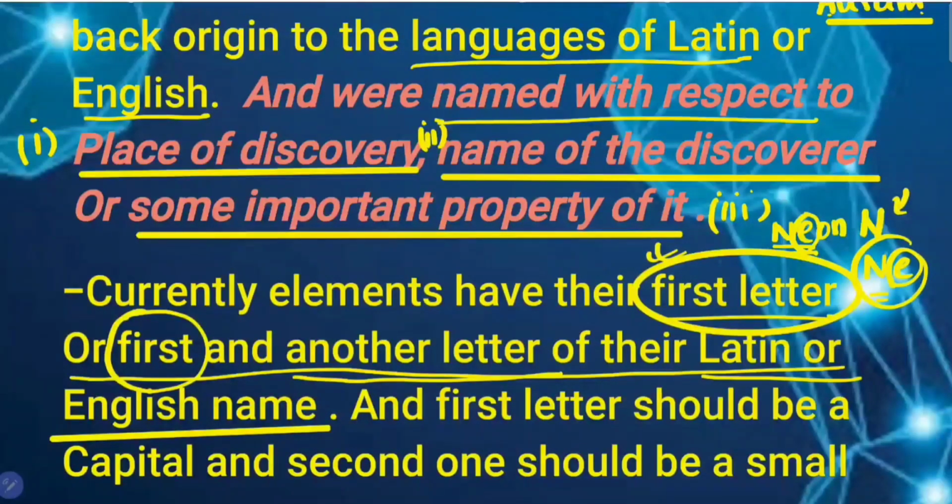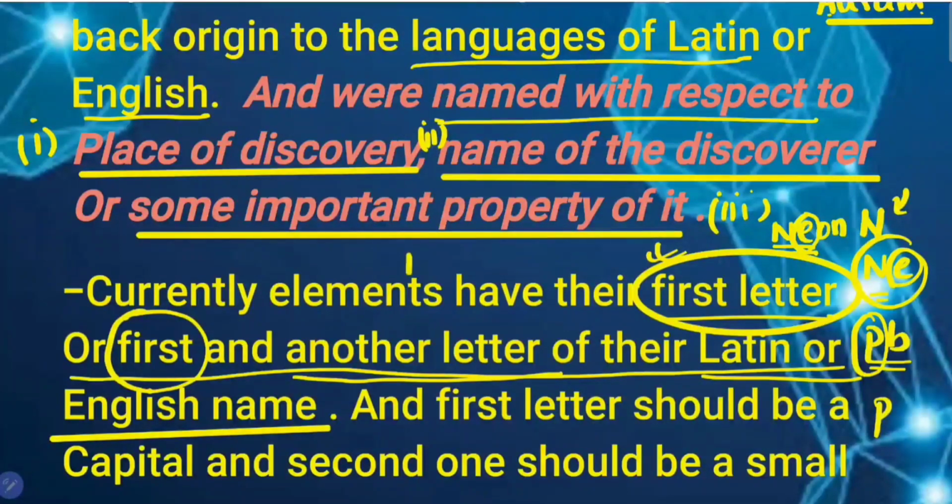So this can be derived either from the Latin or English name. For example, for lead we use plumbum, that is Pb. This is actually the symbol from the Latin name. So why don't we use just P instead of Pb? Because P is already used for phosphorus, and thus I have to use P with another letter of the Latin name.